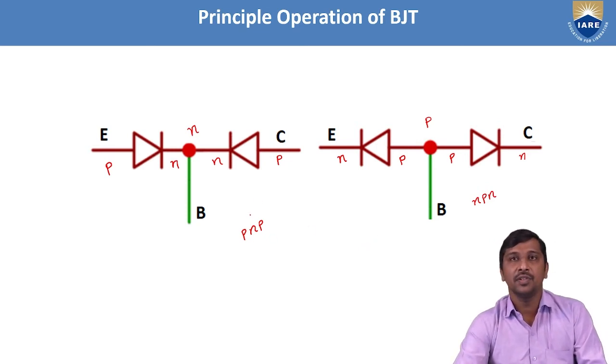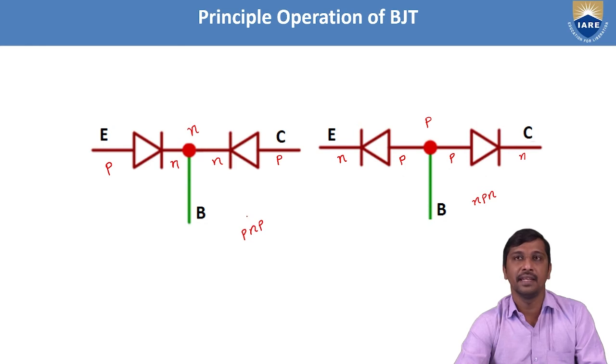So, based on the construction of the two PN junctions, the transistors are classified into two types, PNP transistor and NPN transistor. Whenever the two junctions are interconnected, that interconnecting point is called the base.